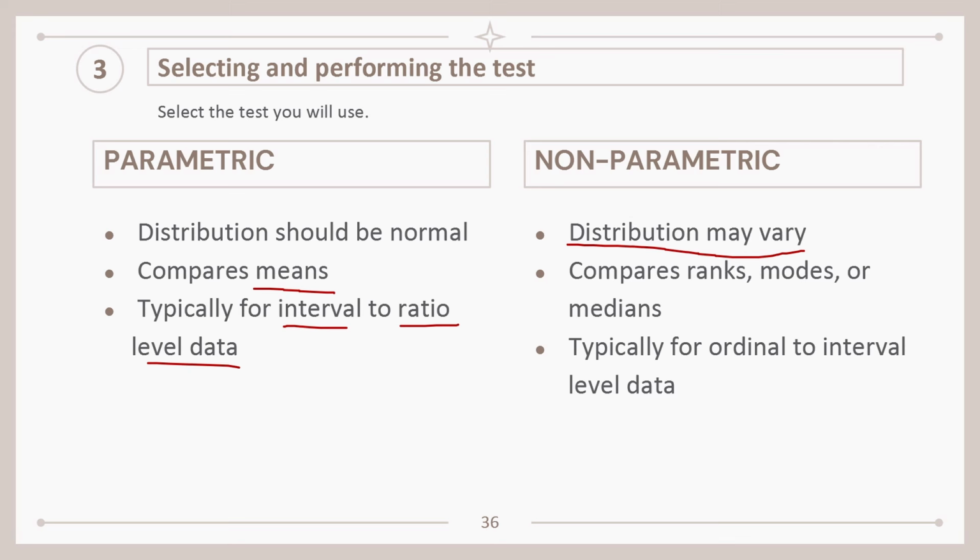So parametric tests, despite being a lot more strict, are still very much preferred. Your non-parametric test compares ranks, modes, or medians as opposed to your parametric test, which compares means. And the typical data for non-parametric tests are ordinal to interval.